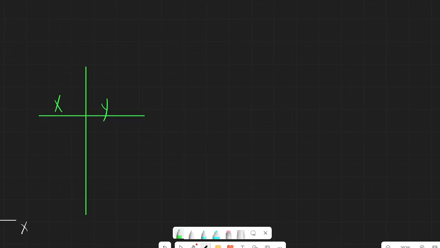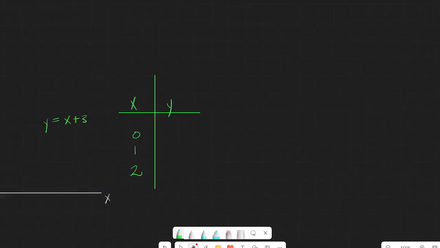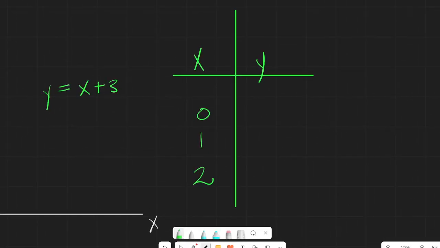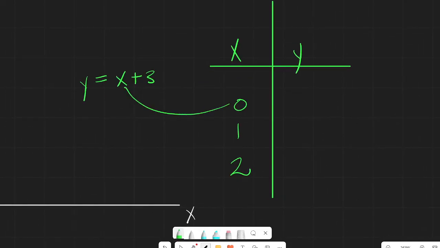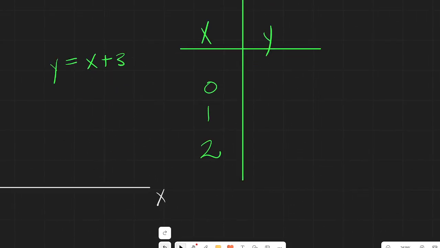So I'll say we'll do 0, 1, and 2, and then we'll call that good. So by plugging in 0, 1, and 2, we can find the output values that this machine, the function, will produce.